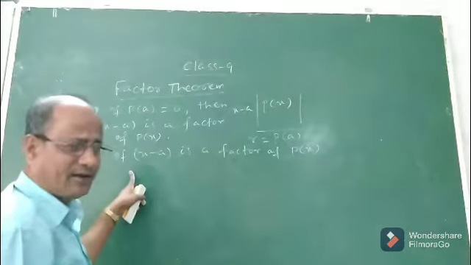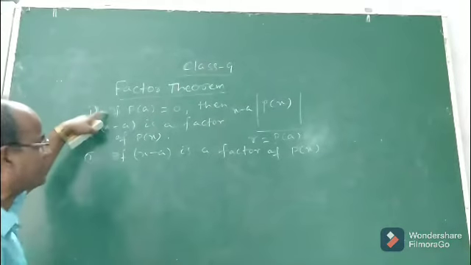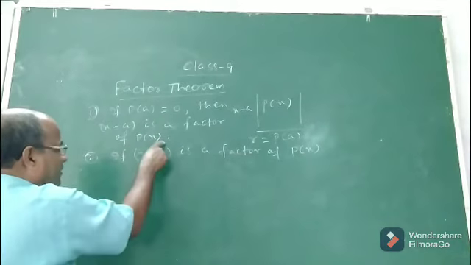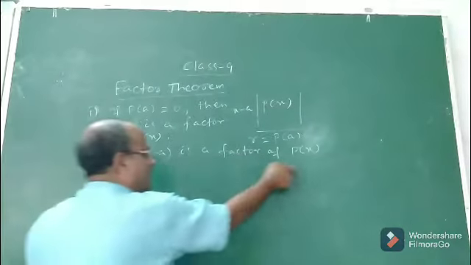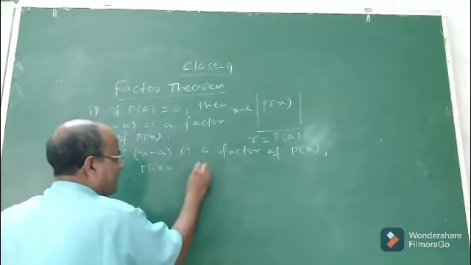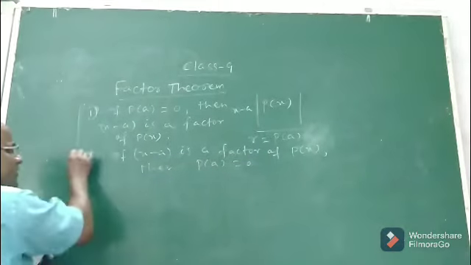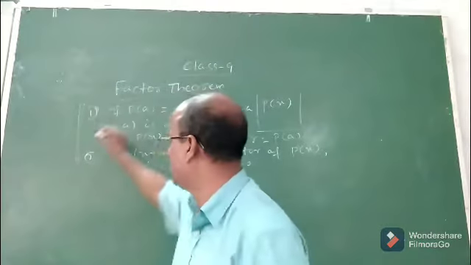And the second part is the converse of the first part: if x minus a is a factor of p of x, then the remainder p of a must be equal to 0. These are the two parts, the statement of the factor theorem.